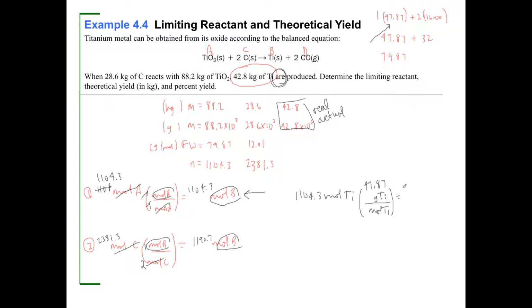This is going to give me what? 1104.3 times 47.87 is equal to 52863 grams, okay? Which is equal to 52.863 kilograms, right? So this is my theoretical.